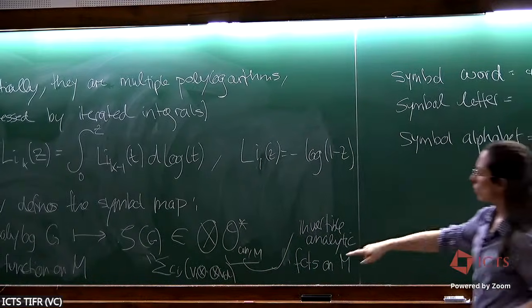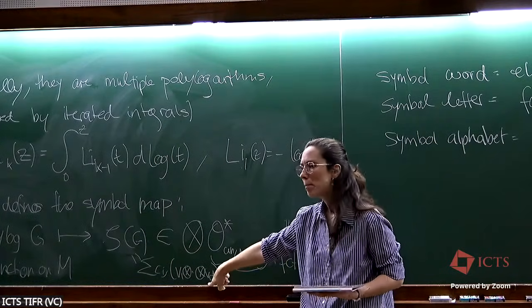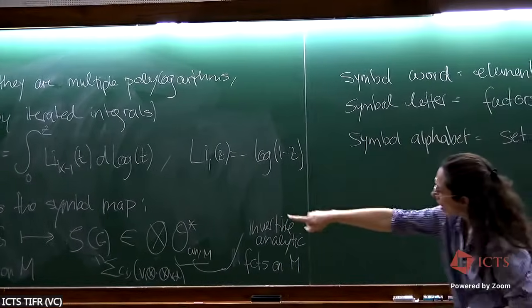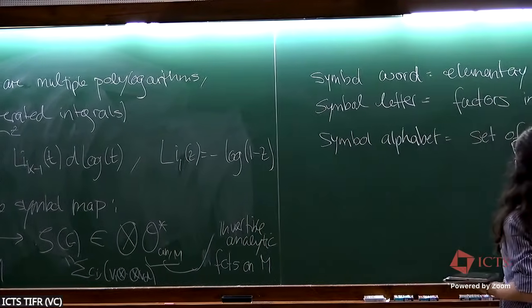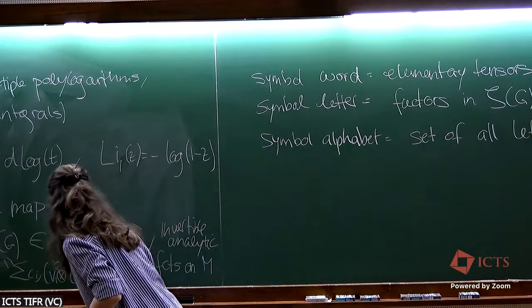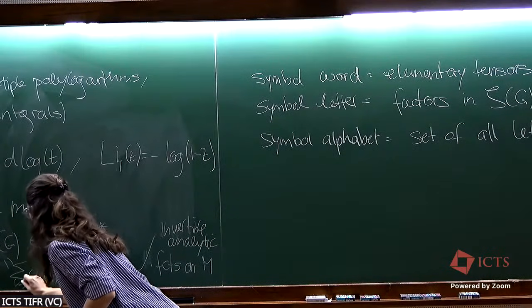I don't know how to call them, like the elements. So if this is my symbol, then the words would be these, we call them w_i over some index i.